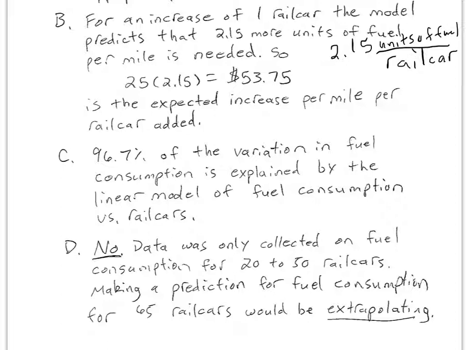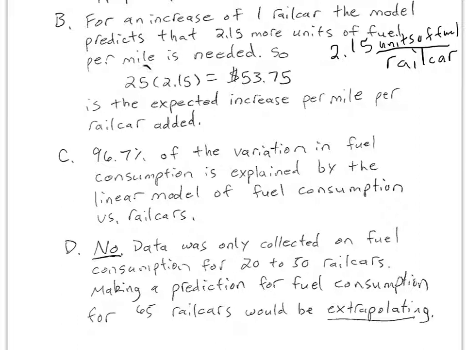So what that is saying is that every time you increase the rail cars by 1, the model predicts that you'll need 2.15 more units of fuel per mile for the train. So that means if I get one more rail car, the model is predicting I'll need 2.15 more units of fuel, and it says that the fuel costs $25 per unit.